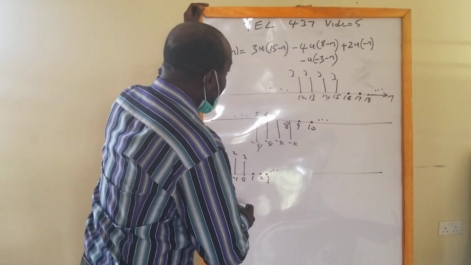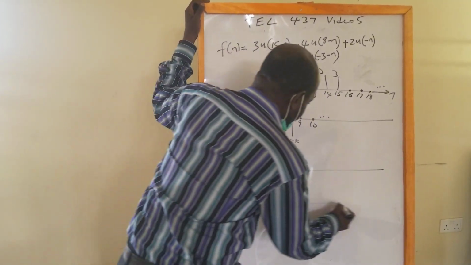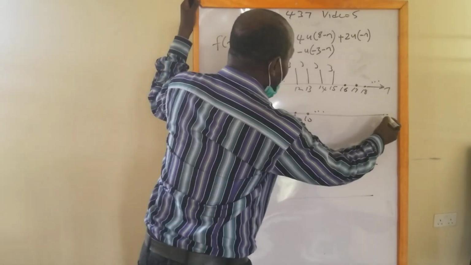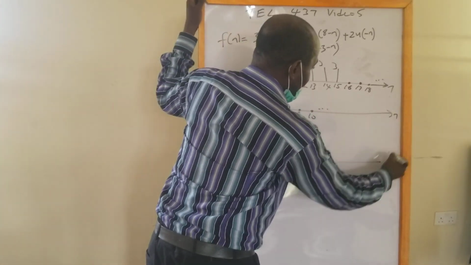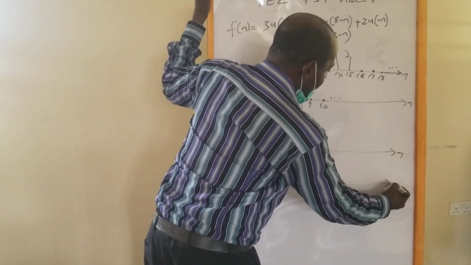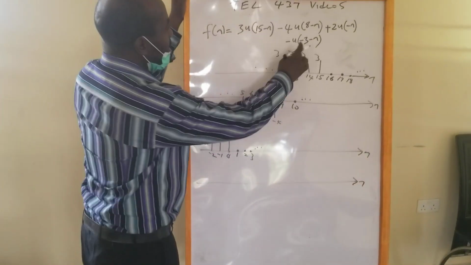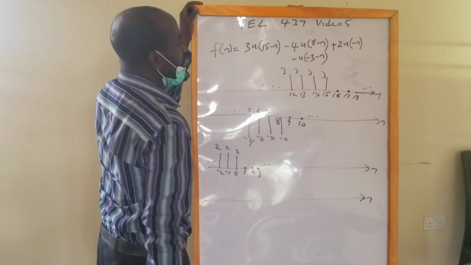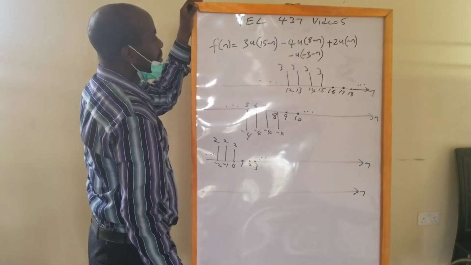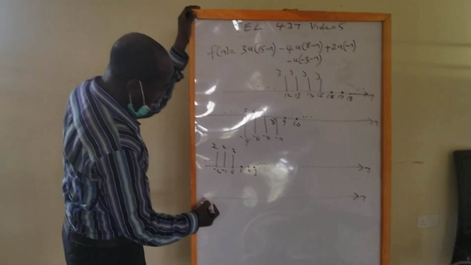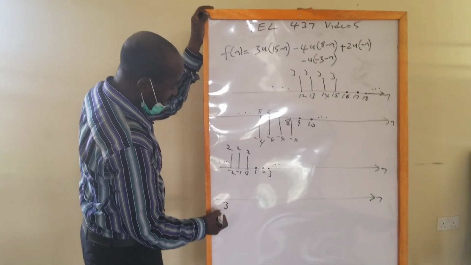And then for the last one, the axis here is n, the axis here is n, the axis here is n. Now, for this one, minus 3 minus n equals 0, n will be equal to minus 3. So it's at minus 3 that action will start here.